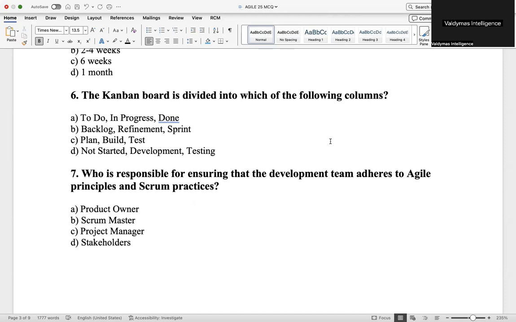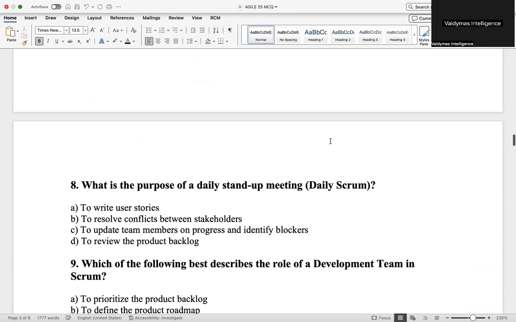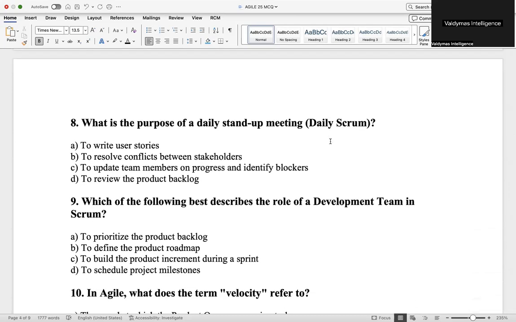Number 7, who is responsible for ensuring that the development team adheres to Agile principles and Scrum practices? We have answered that: Scrum Master. Number 8, what is the purpose of the daily stand-up meeting, the daily scrum?